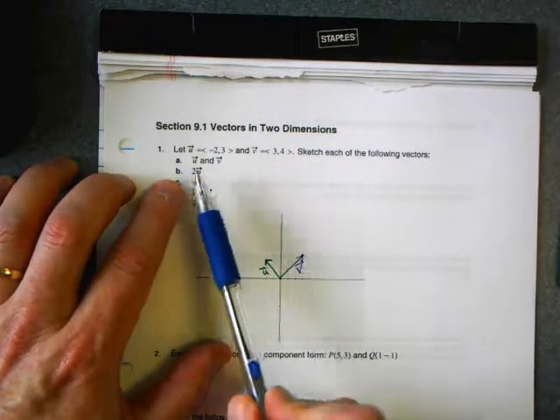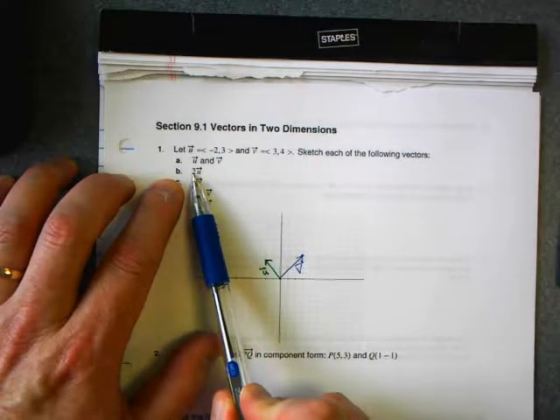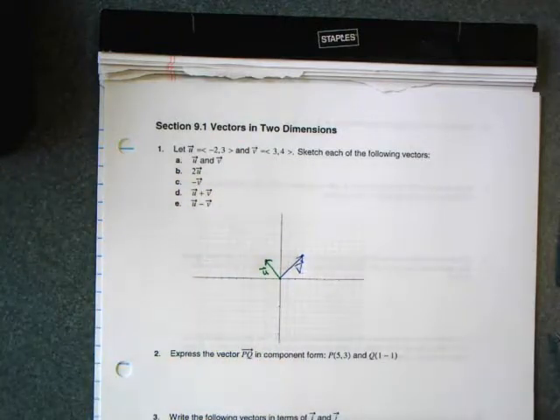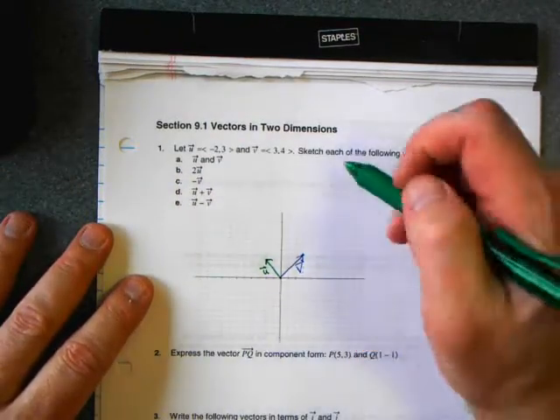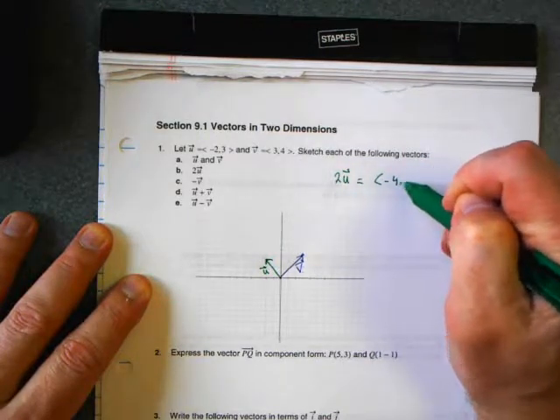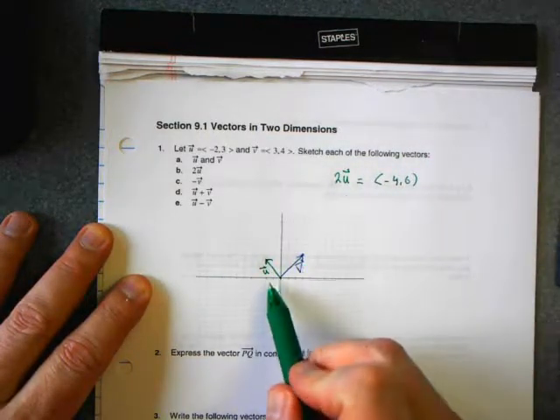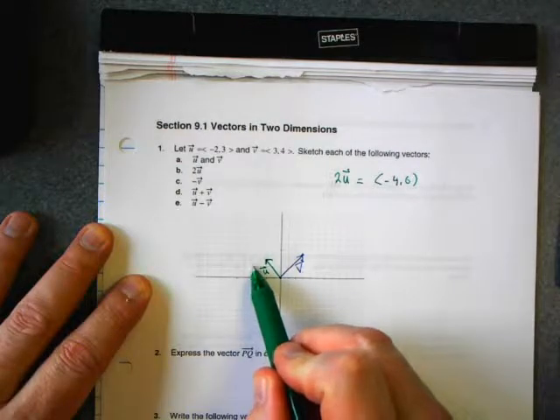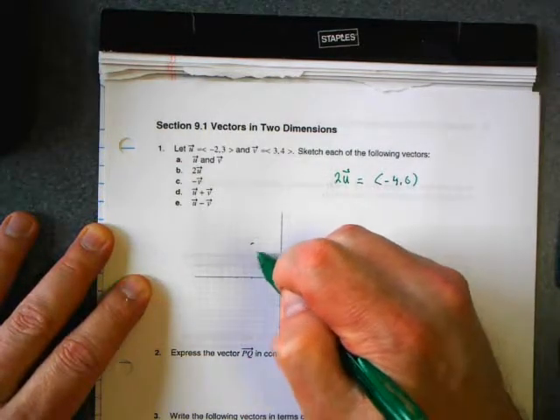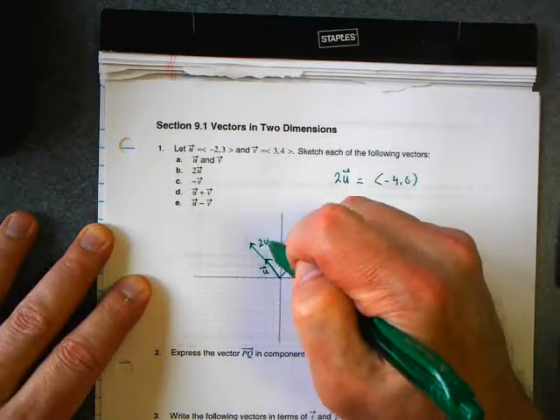Correct. All multiplying by 2 does is simply make the vector twice as long. It changes the magnitude. So the vector 2u would be the vector -4, 6. So it's just going to be twice as long. So 2u would look like that.